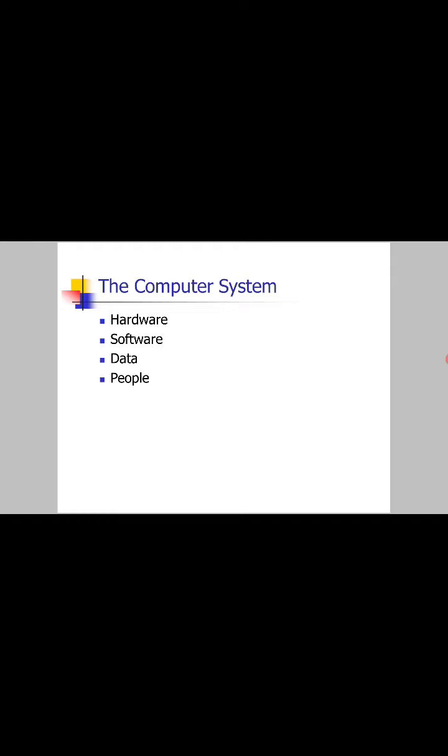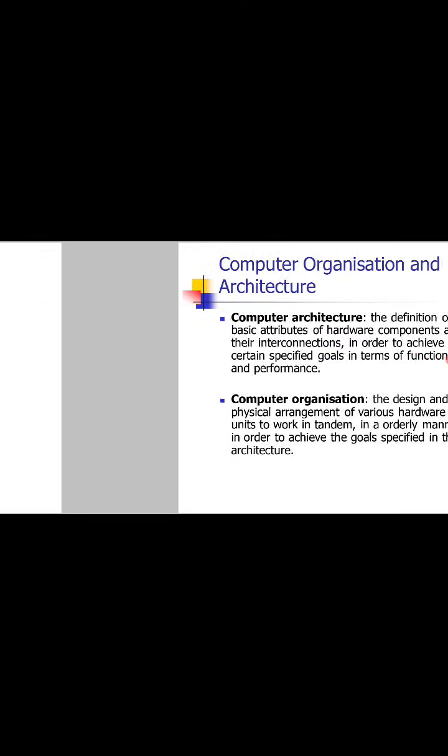Software is a collection of programs or applications which are used to do a task, or which are used repeatedly, in day-to-day life, like that. What is data? Data is some collection of information regarding something, and people means users or end users.